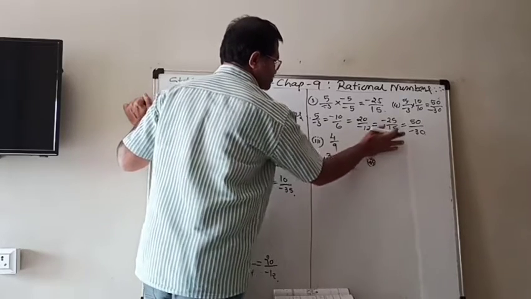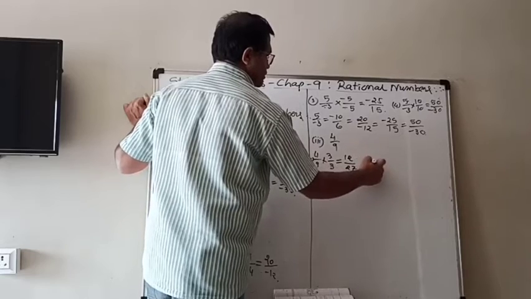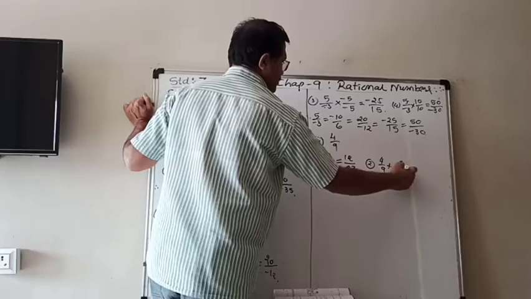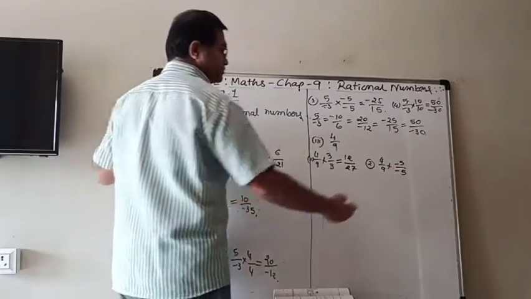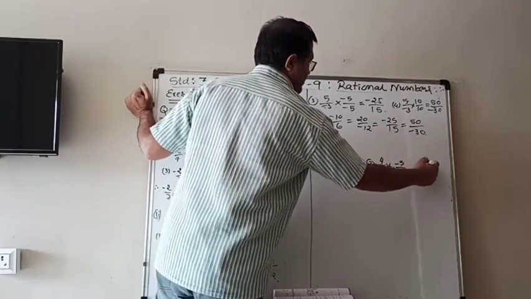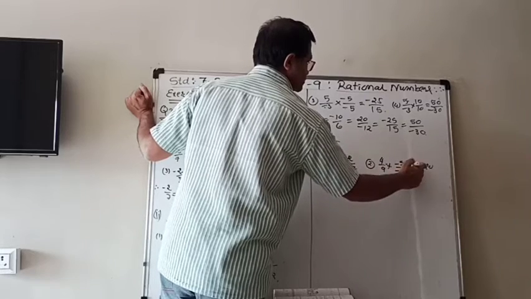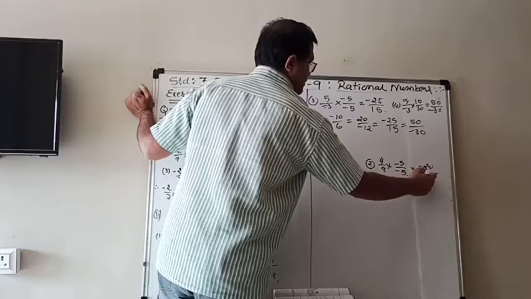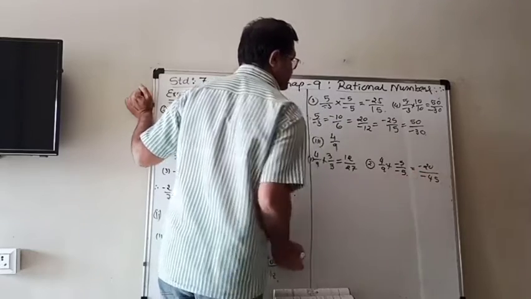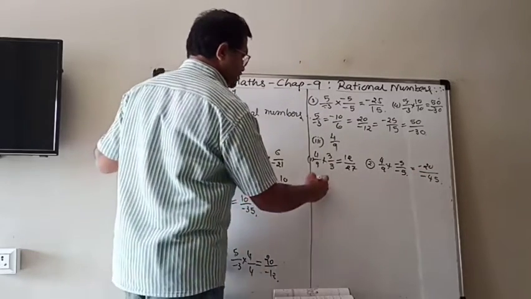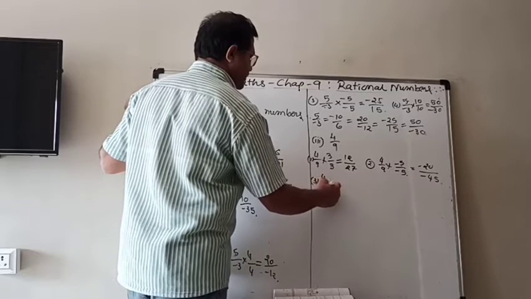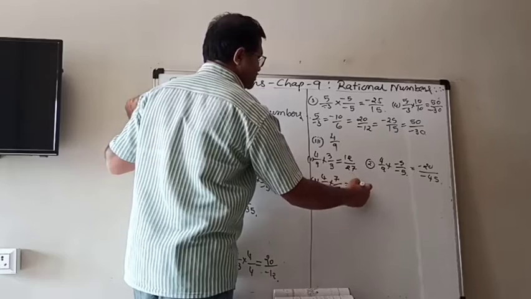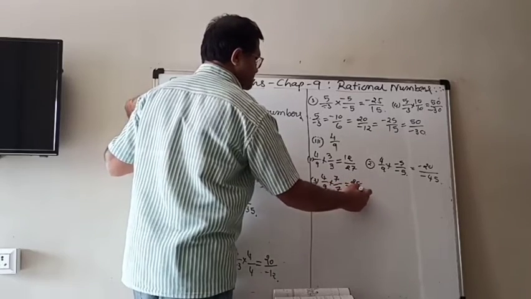Second, 4 upon 9 multiplied by, say, minus 5 upon minus 5. 4 fives are minus 20 upon 9 fives are minus 45. Third one, 4 upon 9 multiplied by 7 upon 7. 7 fours are 28, 9 sevens are 63.